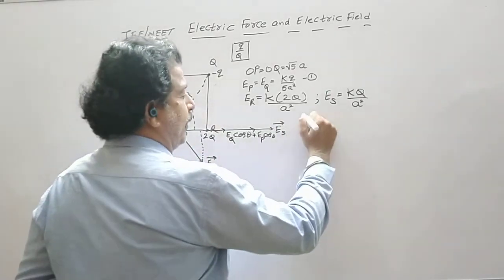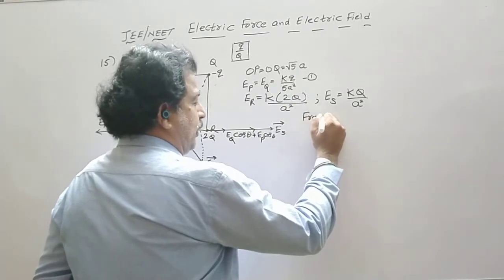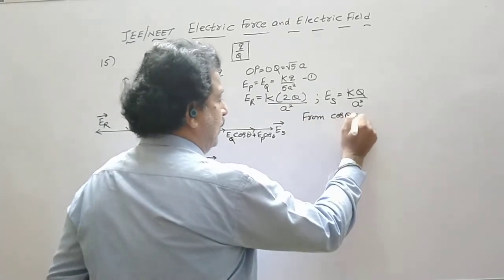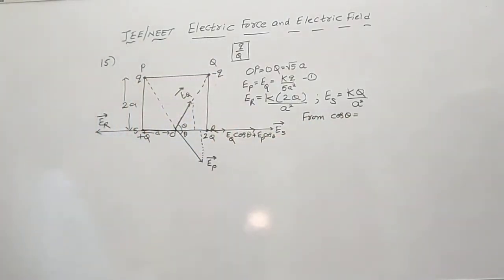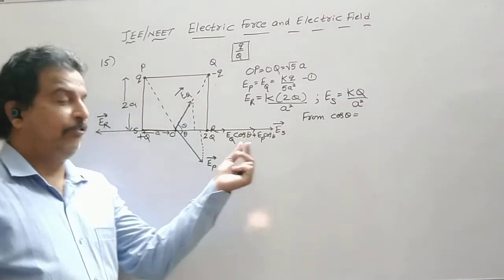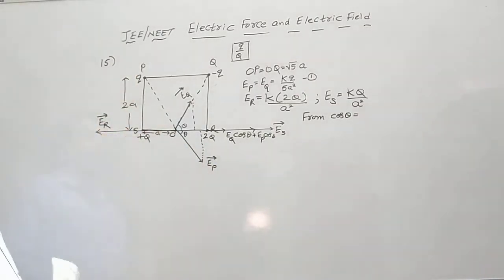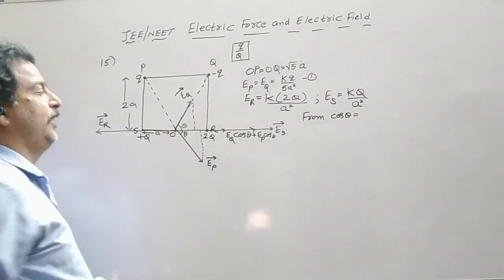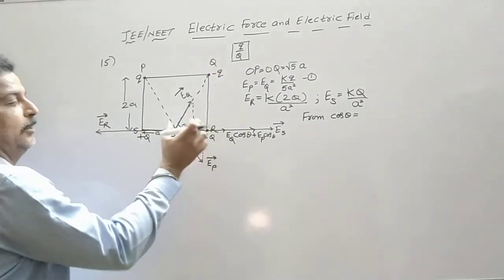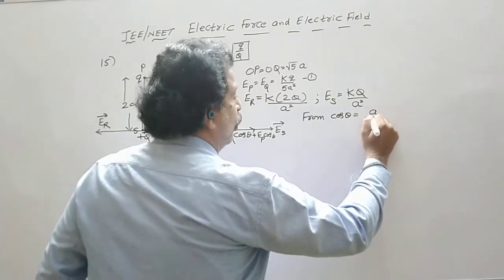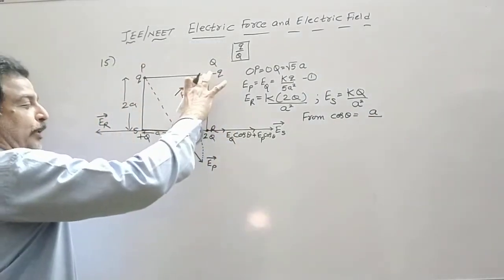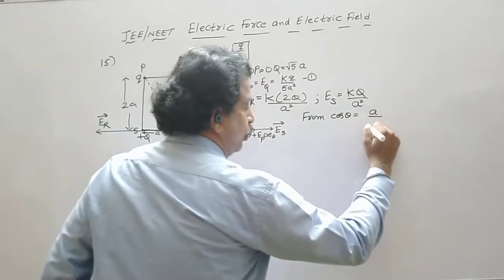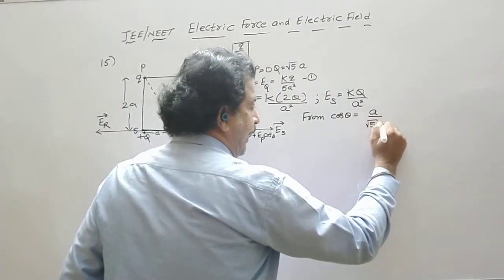Also we have this right angle triangle. Because cos theta is there in our diagram, it will be needed. So I find out cos theta from this triangle. Cos theta is equal to adjacent, that is a, upon the hypotenuse, that is root 5a.